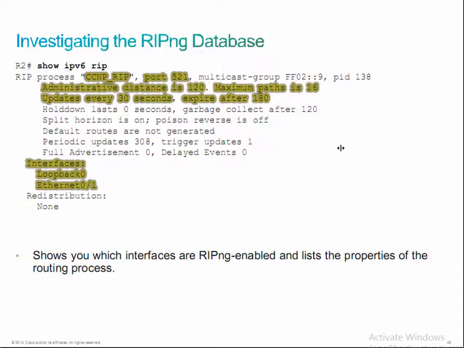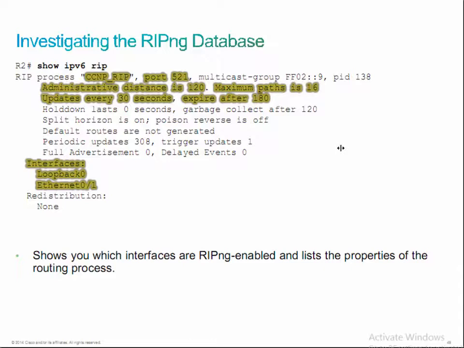So I understand why you said hops, because a maximum of 16 is the maximum hop limit, but in this particular case it's actually referencing the maximum number of equal cost paths that I'll put into the routing database if I have that many paths.